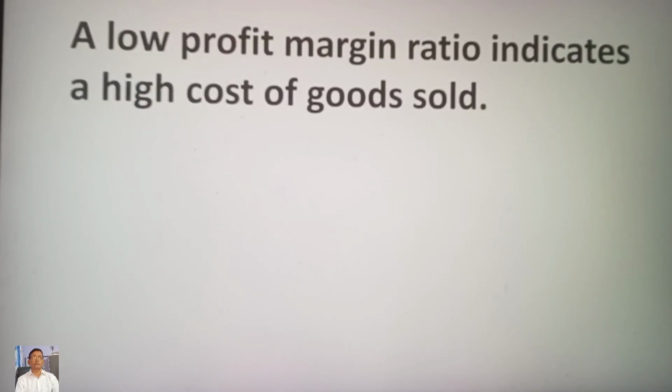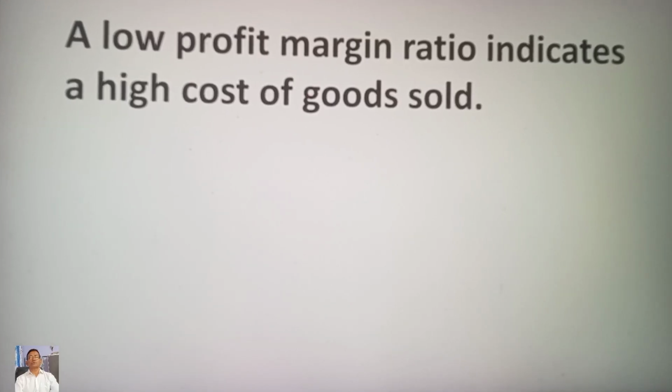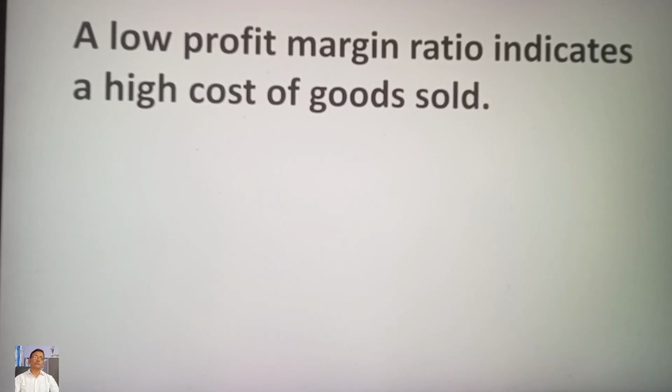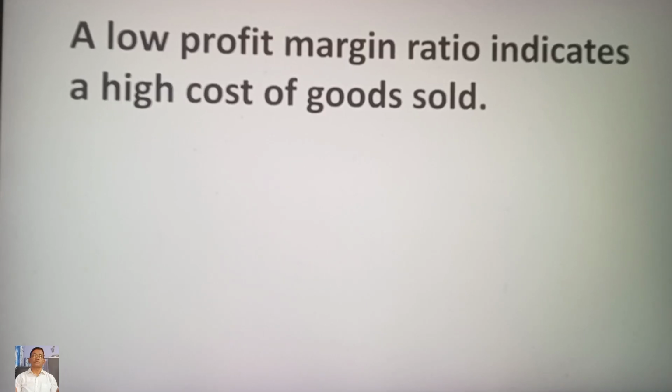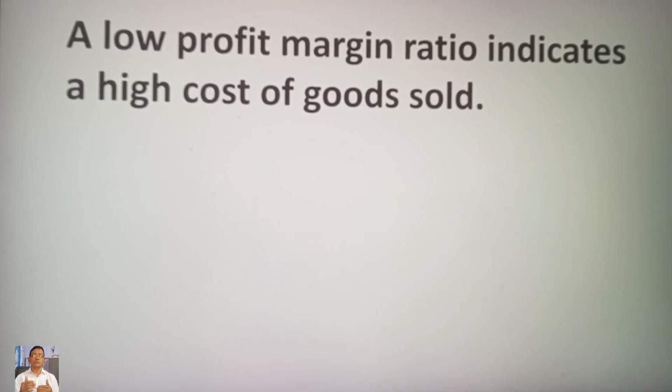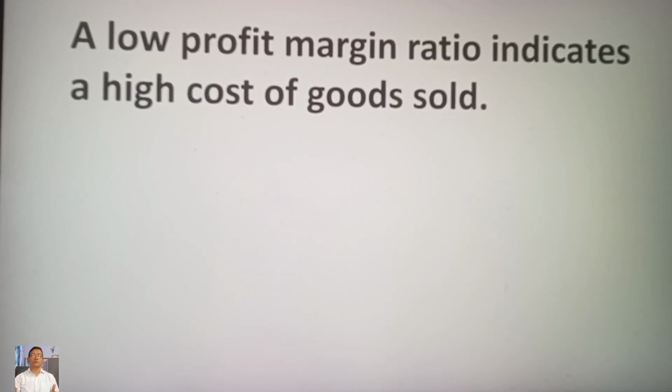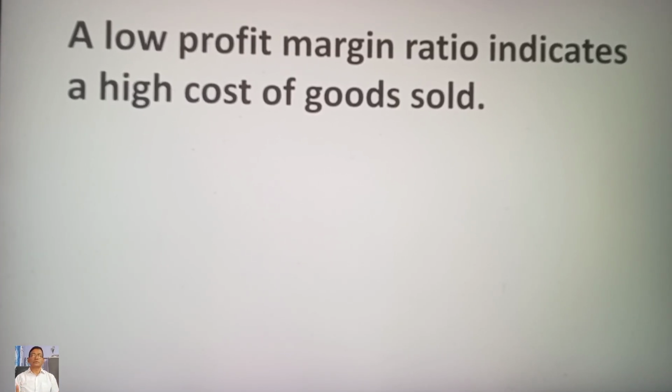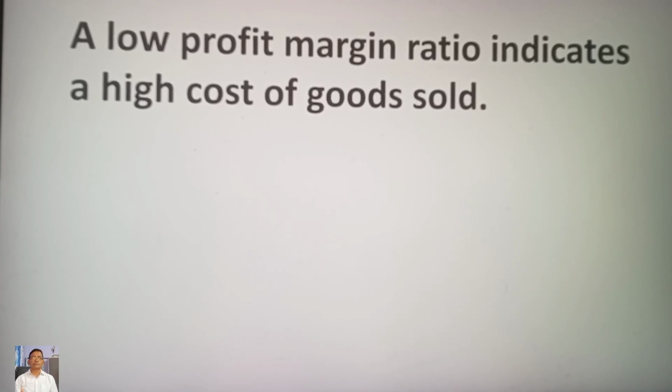On the other hand, a low profit margin ratio indicates a high cost of goods sold. This may occur due to unfavorable purchasing policies, low selling prices, low sales, intense market competition, or ineffective sales promotion policies.